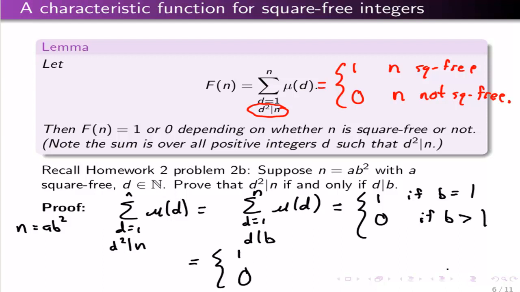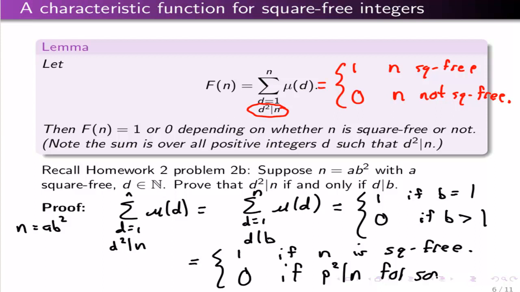To say that b equals 1 means that n is of the form a times 1, where a is square-free. So if n is square-free, and to say that b is greater than 1 means that n, in fact, is divisible by the square of some prime. So if p squared divides n for some p. QED. So we've got a function that picks out the square-free numbers.